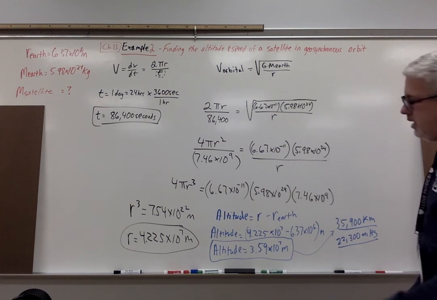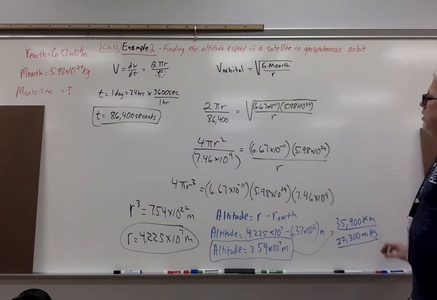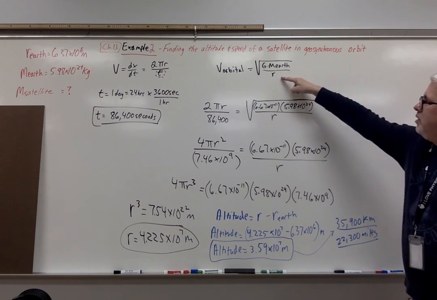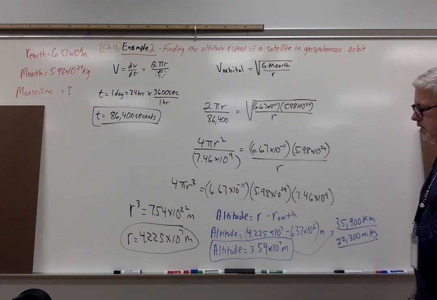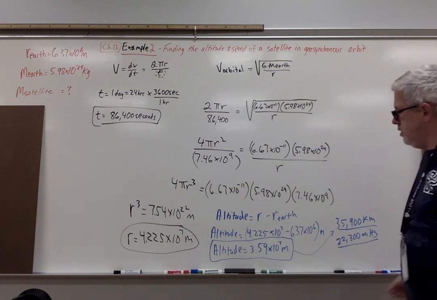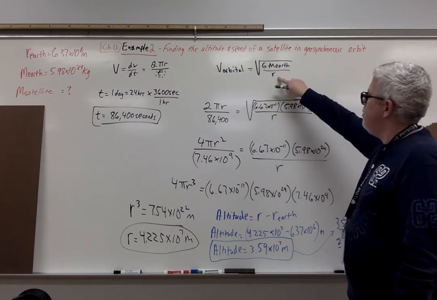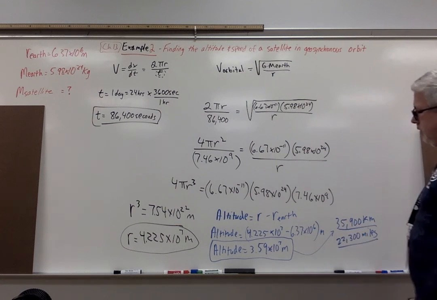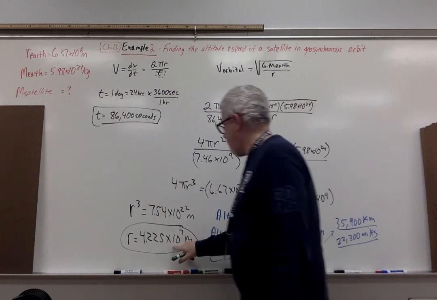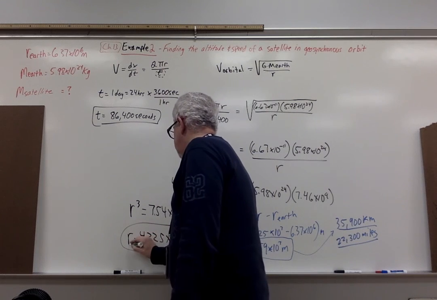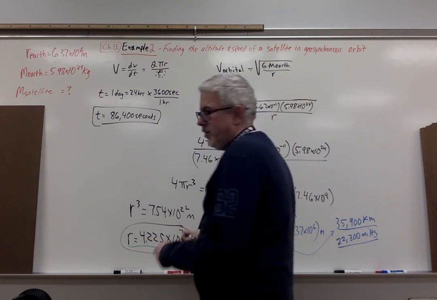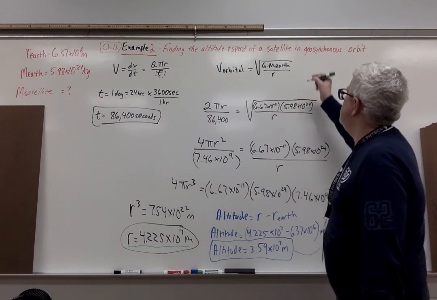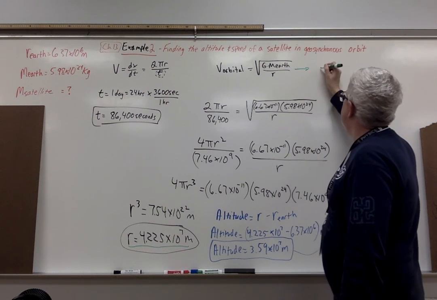Well, now, how would I find the orbital speed of this? Well, I can go back to this now that I know my R. My R is not going to be the radius of the Earth, and it's not going to be the altitude. It's actually going to be this R that I found before, which is the distance the satellite is orbiting from the center of the Earth. So I'm going to go over here.